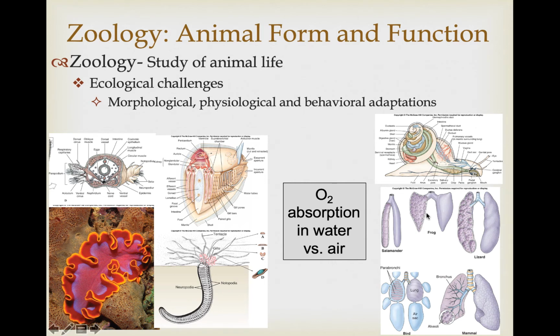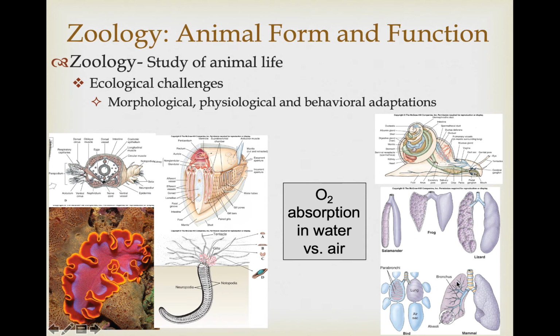Now, once you get into the terrestrial environment, there are certain opportunities for absorbing oxygen. There's a lot more oxygen in air than there is in water. But a respiratory surface doesn't work if it dries out. So when you get into the terrestrial environment, we'll see the evolution of internalizing our respiratory surfaces so that you can keep them moist.